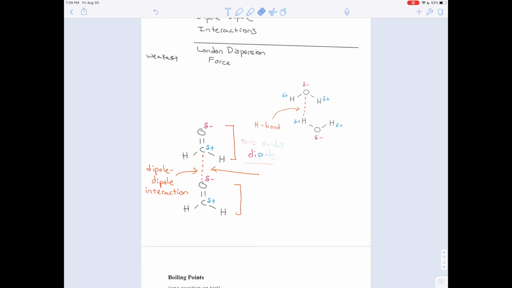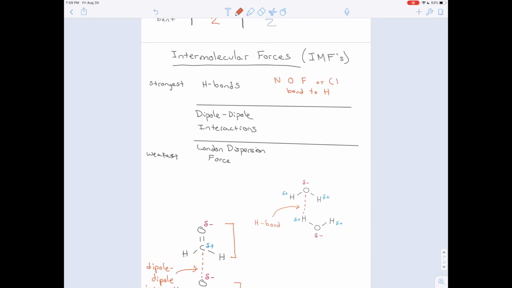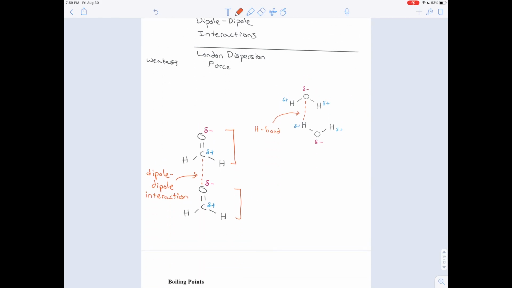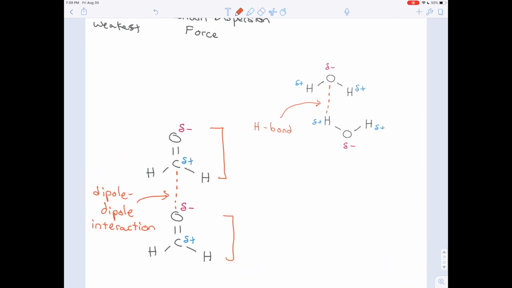And this is weaker than a hydrogen bond. So notice strongest to weakest, we're going down. Here dipole-dipole interactions are weaker than hydrogen bonds. And why? The reason why is because here oxygen is really electronegative and hydrogen has a very low electronegativity. And so what ends up happening is these partial charges end up being really big.